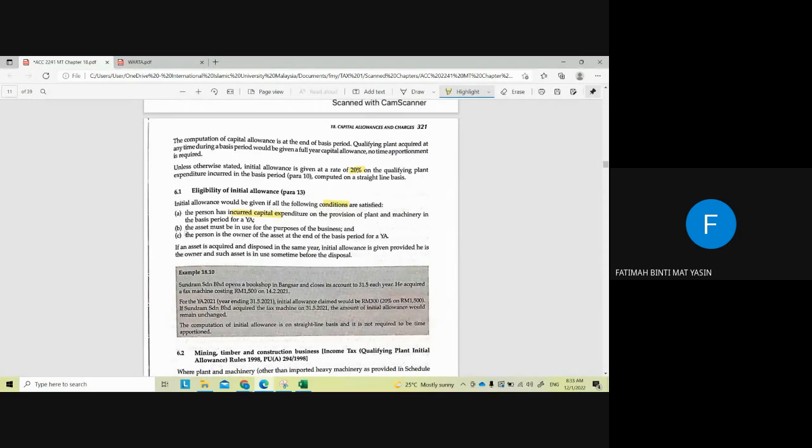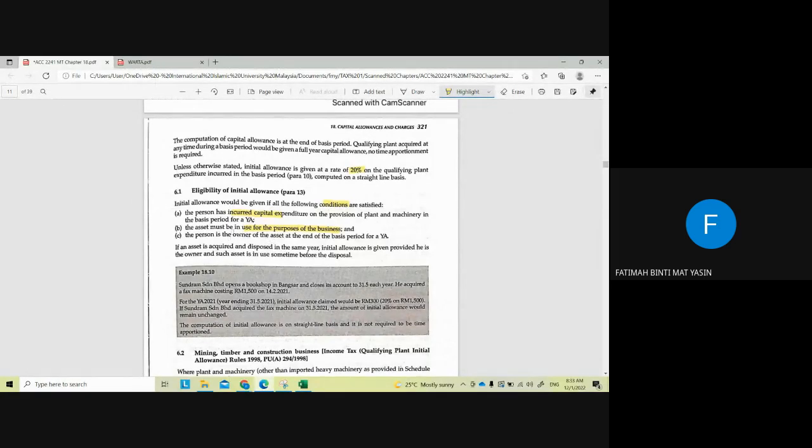Second, the asset must be in use for the purposes of business. If the company acquires the asset not for business, for example a car for personal use, then the company cannot claim the initial allowance for that asset.